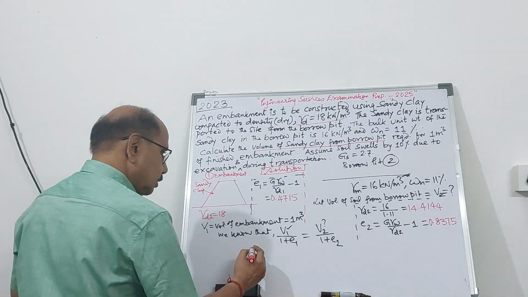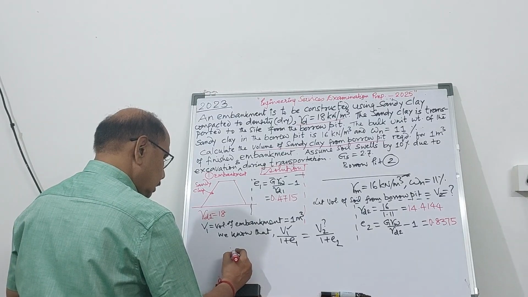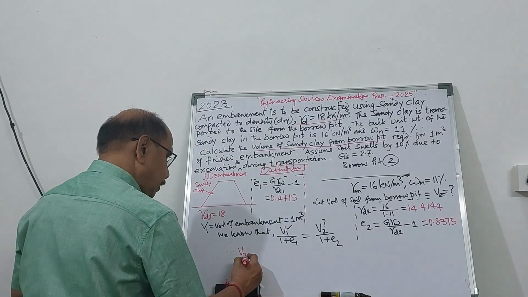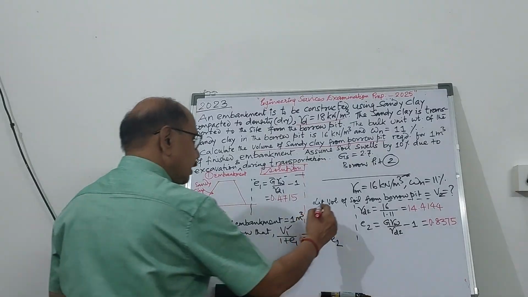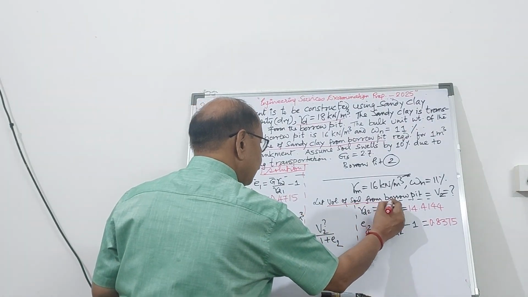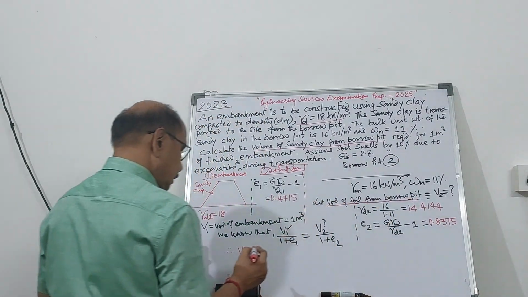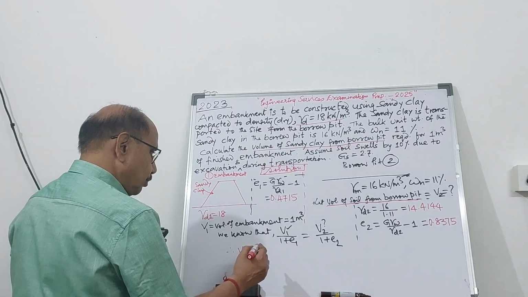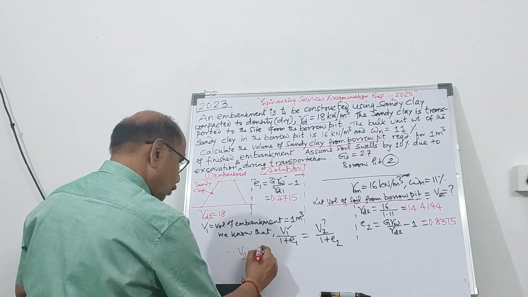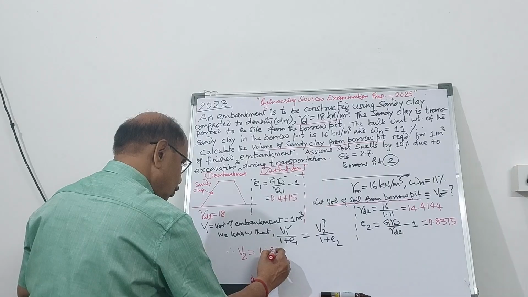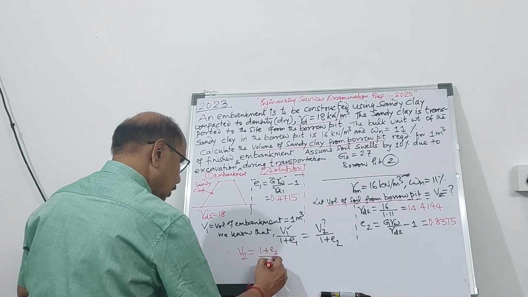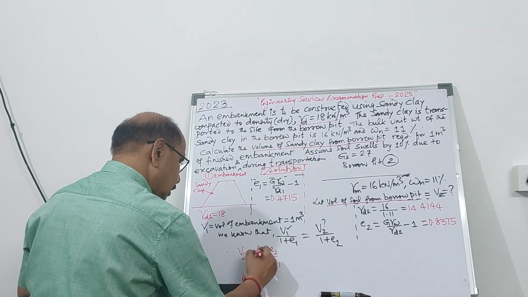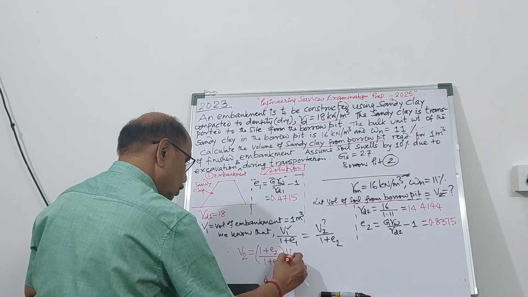Therefore, V2, that is the volume of soil from borrow pit, is going to be 1 plus E2 divided by 1 plus E1 into V1.